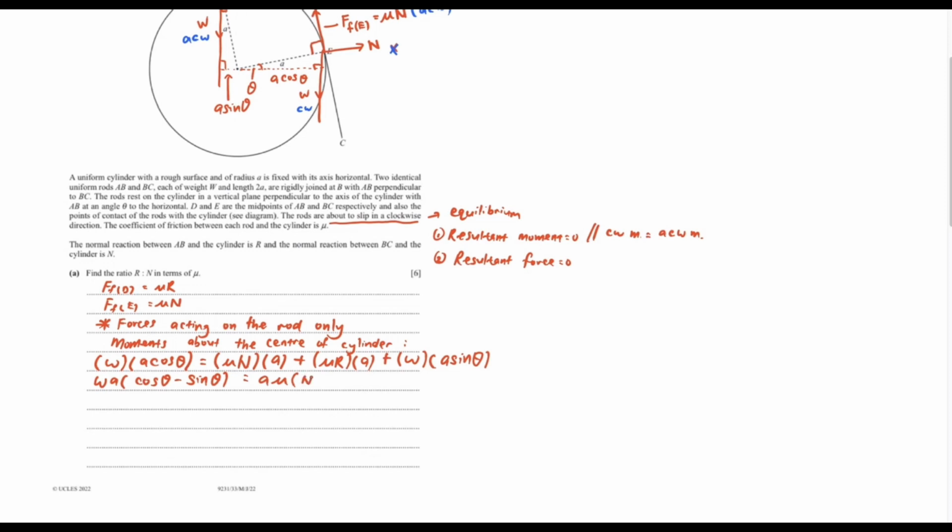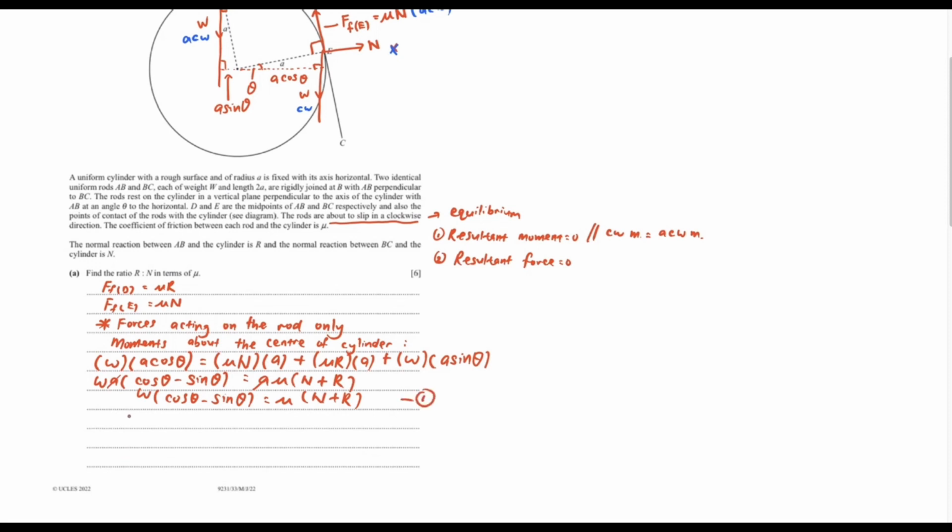Then I get N plus R. Then I cut the A on both sides. So I get W(cos theta minus sin theta) equal to mu(N plus R). Then I just leave it like this first. I call it equation 1.